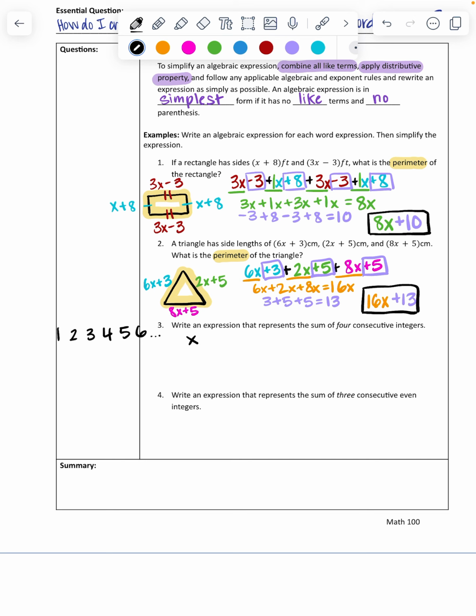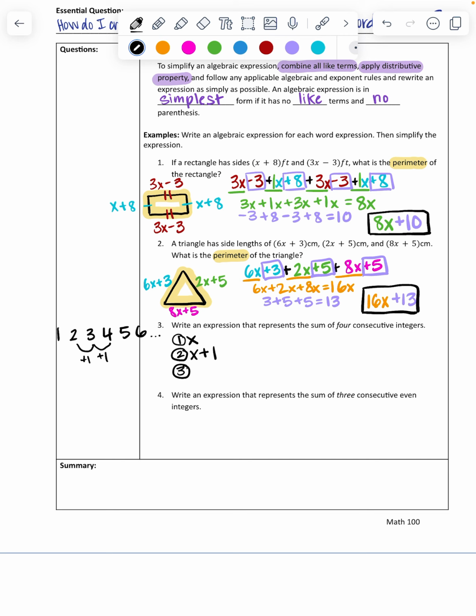And no matter what number you start with, to get to the next consecutive integer, you're going to add 1. Because if I start with 2, to get to 3, I would just add 1. To get to 4, I would add another 1. So my first consecutive integer is x. My second consecutive integer would be x plus 1.